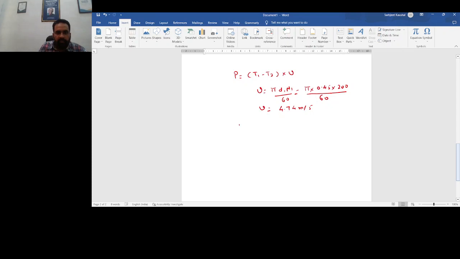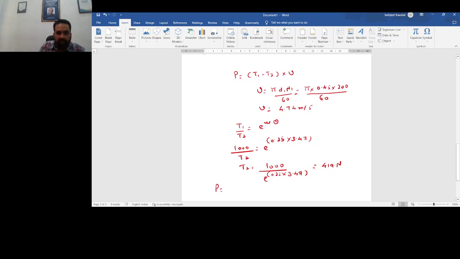Now we know T1 over T2 is equal to e raised to power mu theta. T1 is given as 1000 Newton. T2 we have to find out. Mu is the coefficient of friction, that is 0.25, and theta we have already found out as 3.47. So the value of T2 will be 1000 divided by e raised to power (0.25 into 3.47), and this value comes as 419 Newton.